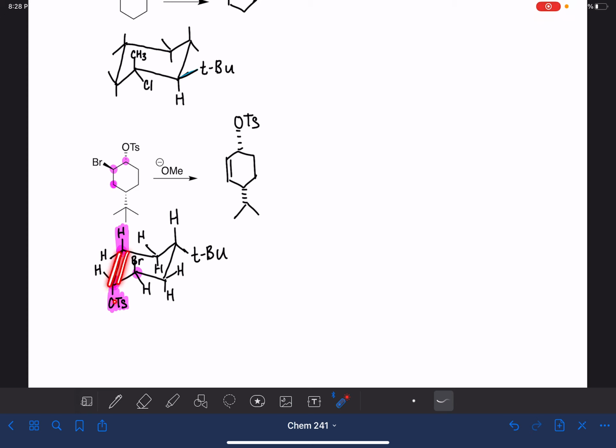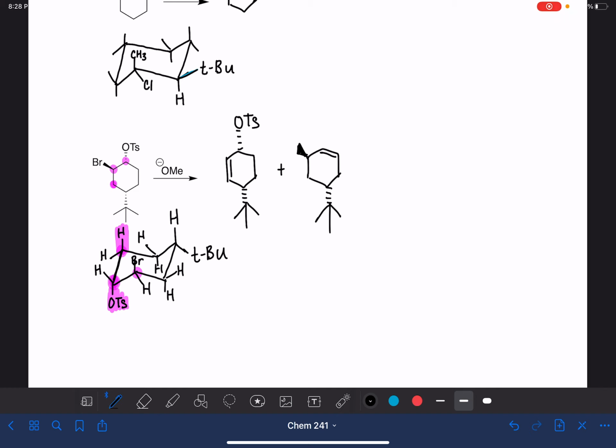That would give us a double bond right here. That would look like, oops, I lost a methyl group on my tert-butyl. So this would be nothing happening to the bromine, and the elimination is taking place between these two carbons, which is not with the bromine carbon. So the double bond would go right there.